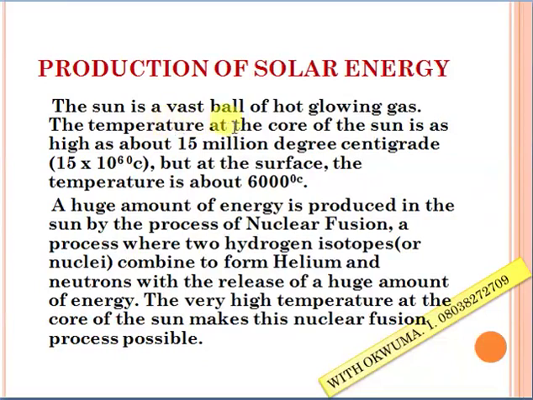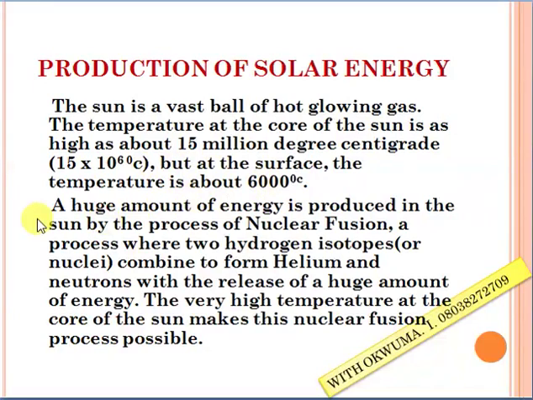The temperature at the core of the sun is as high as about 15 million degrees centigrade, that is 15 times 10 raised to the power 6 degrees centigrade. That is the temperature at the core of the sun, the inner part of the sun. But at the surface, the one we are seeing, the temperature is about 6,000 degrees centigrade, which is a very high temperature.